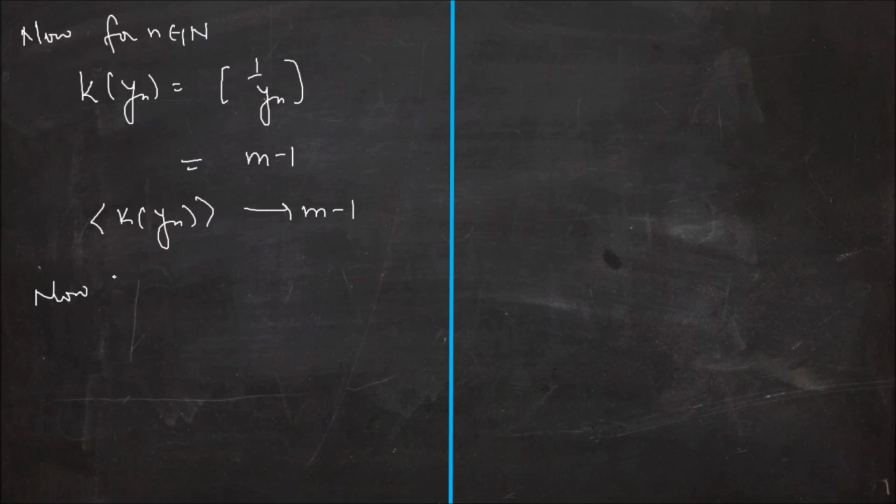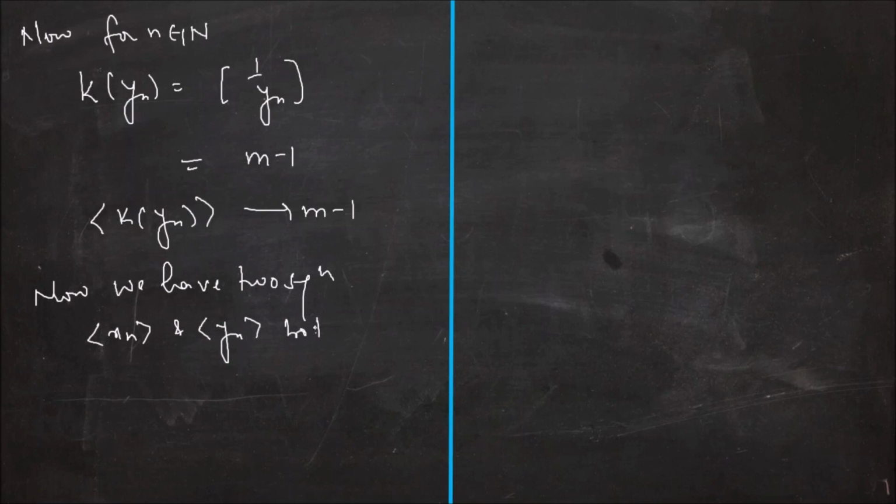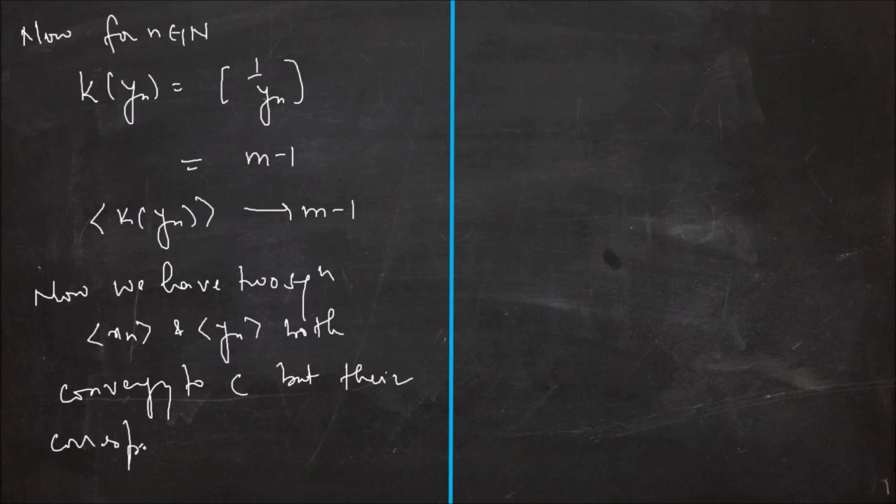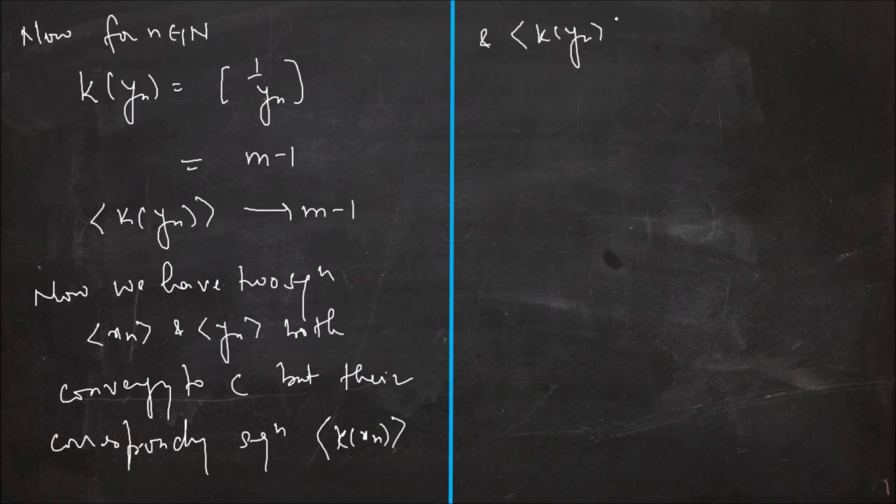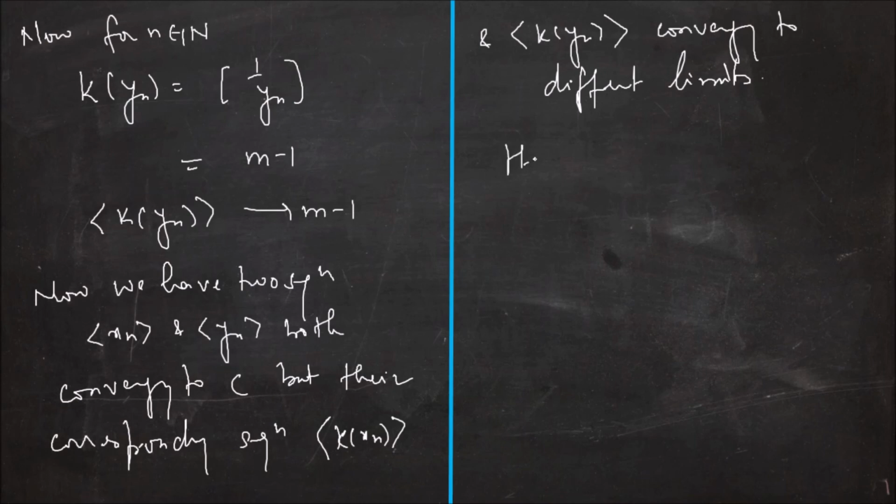Now we have got two sequences xn and yn both converging to C, but their corresponding sequences k of xn and k of yn converge to different limits. Hence k is discontinuous at C.